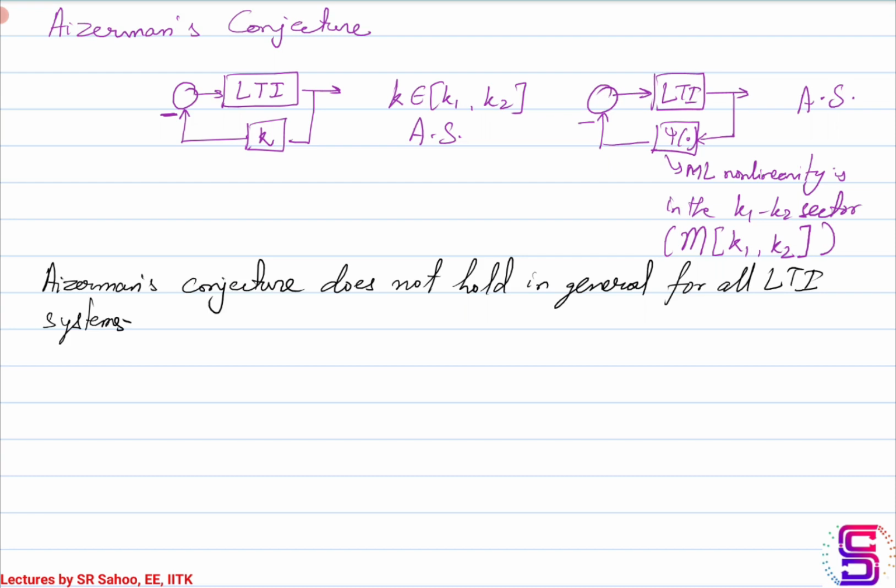So what I'm saying is, though Aizerman's conjecture as it is is not correct, because it is talking about all the LTI systems, the statement that has been made here will hold if certain additional properties are associated with the LTI system under consideration. Okay, so this brings us to something known as passive systems.